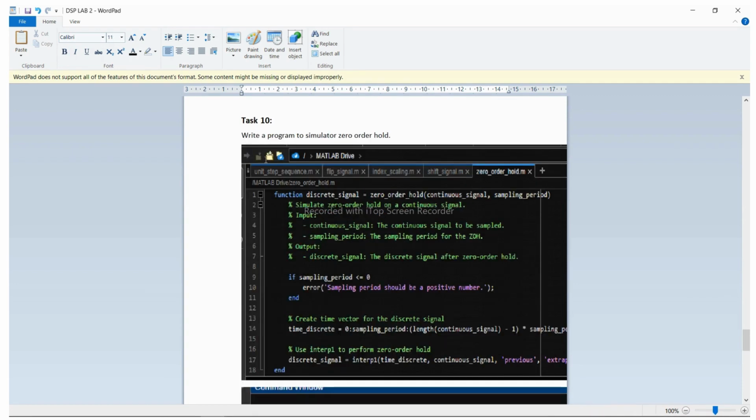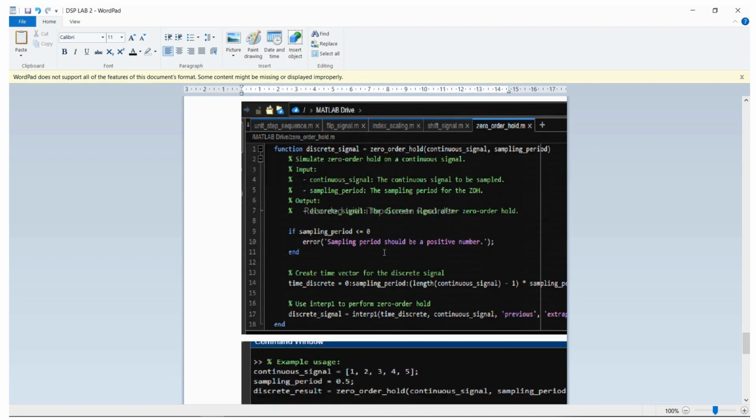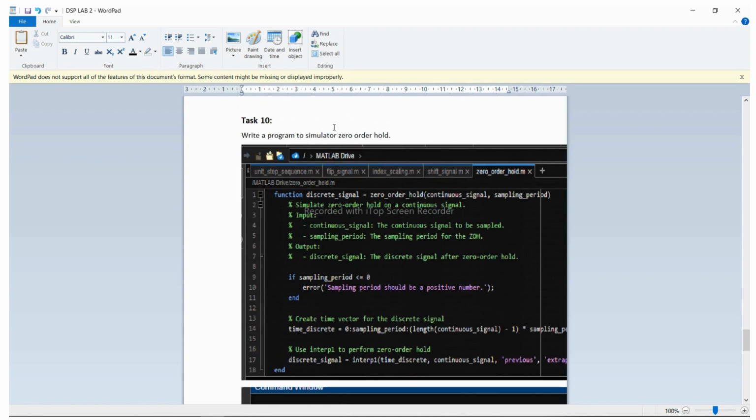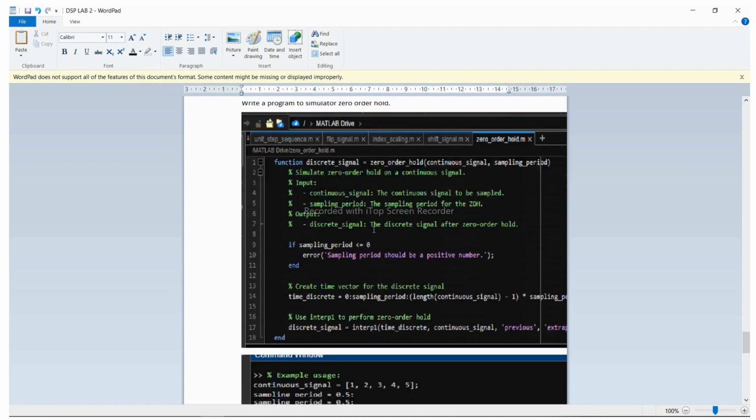Task number 10, we write a program to simulate a zero order hold. Basically, zero order hold means simulating a zero order hold operation on the input signal, holding each sample value until the next sample. By running the following code in MATLAB, we will get the simulated zero order hold.